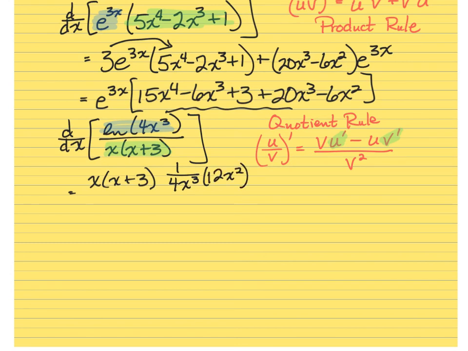That's the chain rule. So that's the v u prime term of the quotient rule minus u v prime. And so now I need to take the derivative of x times x plus 3. So it's going to be the derivative of x, which is 1, times x plus 3, plus the derivative of x plus 3, which is 1 times x, right?